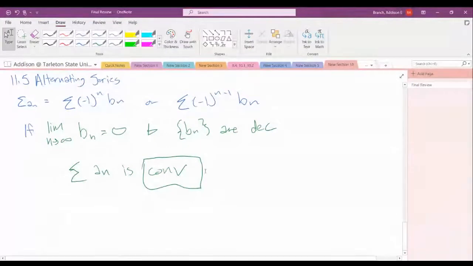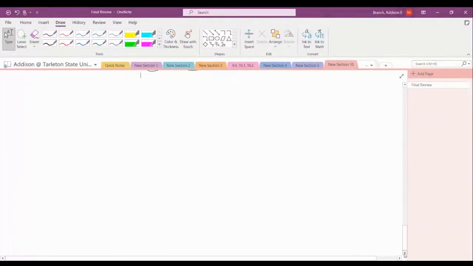So just a quick example for this one. We have cosine of pi n over the square root of n.